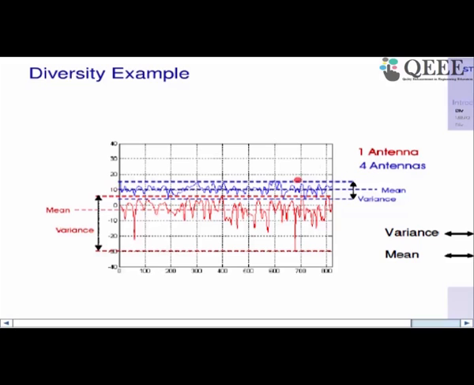First thing you observe, the mean is more than 10 dB. So this is because the signals are contributing together. So you are getting a 10 dB. You see the mean for single antenna and the mean for 4 antennas is a gain of 15 dB. You see? So you have an average receive power that has increased by 15 dB or 13 dB. Second part, you see the variation in signal. The signal is never less than 5 dB. So you see the variation is now 10 dB, but it is never less than 5 dB.